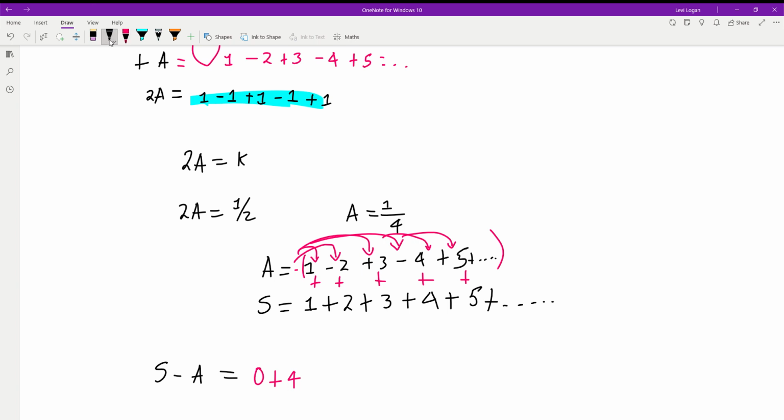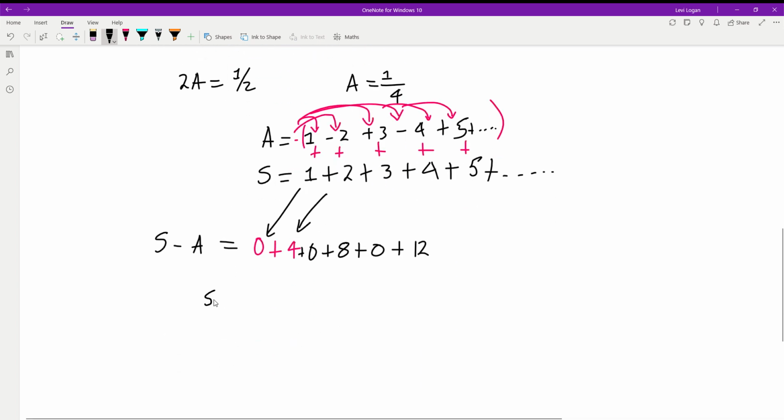So that's going to be 0, this is going to be 4, this is going to be 0, this is going to be plus 8, 0, and then plus 12. If you do this for a while, this is what you're going to get: 4 plus 8 plus 12 plus 16 plus dot dot dot.